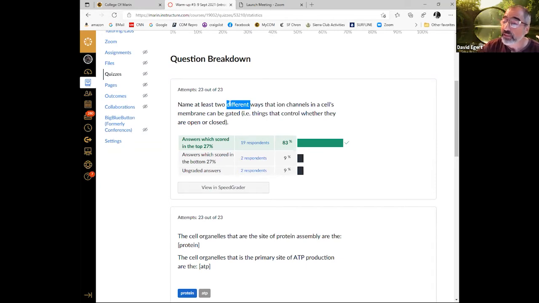And then the mechanically gated: physical deformation, stretching of the membrane, can open channels and create electrical signals. That's how your sense of touch works, and even, like I said, hearing, which is just vibration of your eardrum.